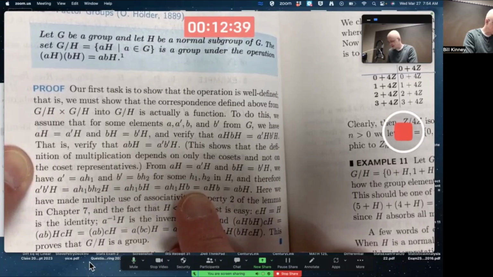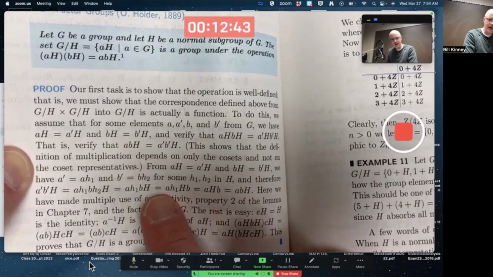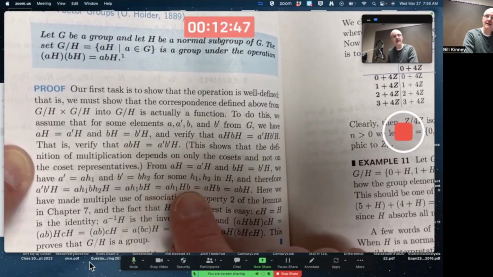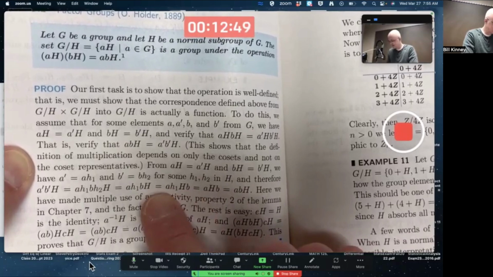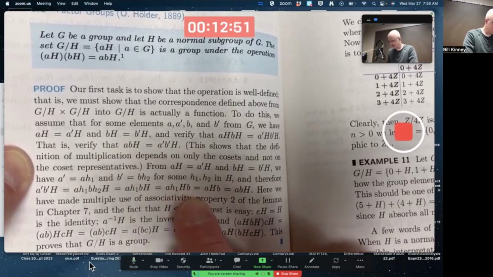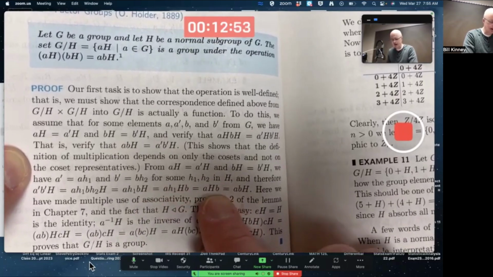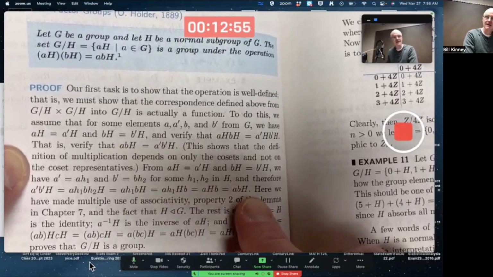Where's normality used? It's used in a couple spots. That equality right there: notice the bH becomes an Hb. The left coset becomes a right coset. And also that equality right there, the Hb becomes a bH.